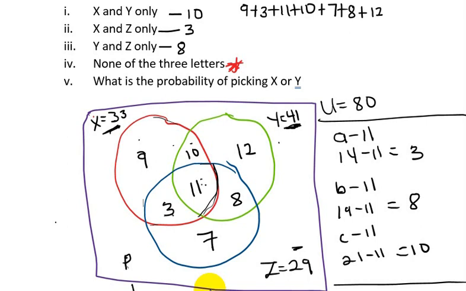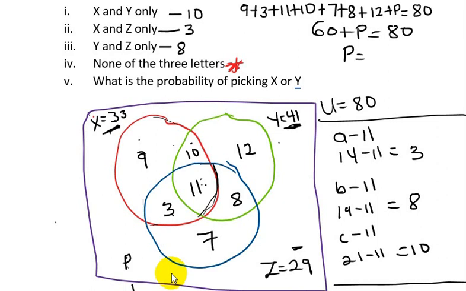But we are not done. Because of the none we are talking about, we have to add plus p, being equal to 80. So if we add all these numbers, we are going to get 60 plus p being equal to 80.